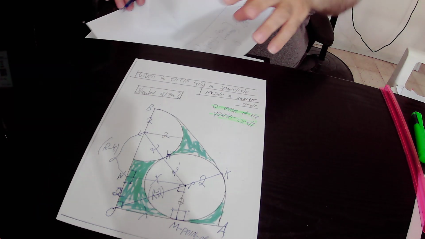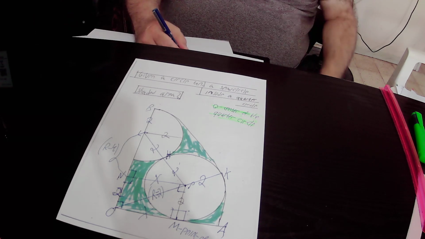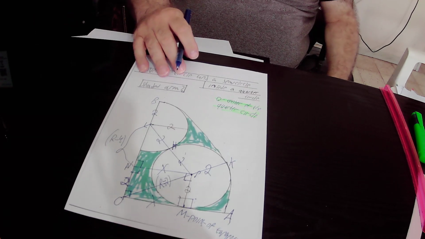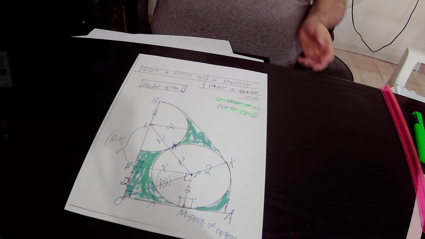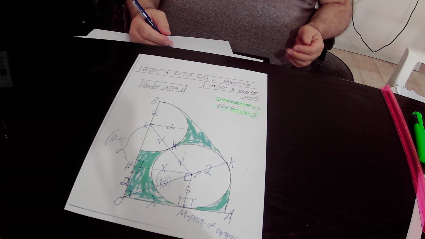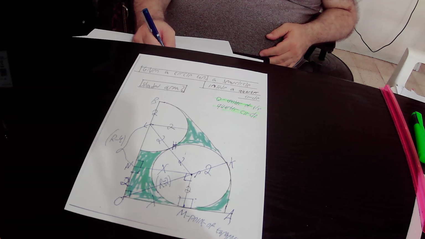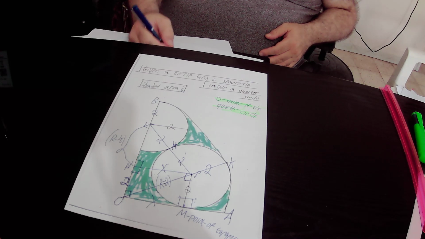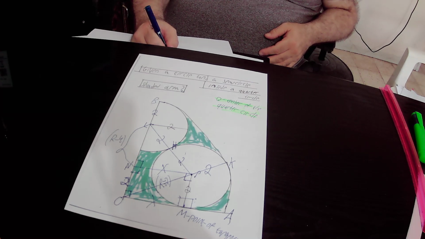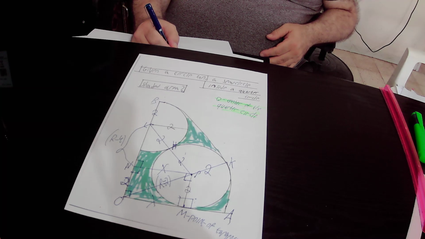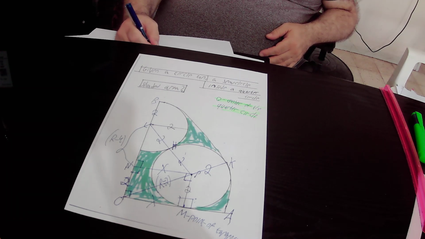So the shaded area equals the area of the quarter circle. The area of the quarter circle equals the area of the circle over 4, and the area of the circle equals pi R squared when R is capital R. When we divide the area of the circle by 4, we get the area of the quarter circle. So in total, the area of the quarter circle will be equal to pi R squared over 4, minus the area of the circle.